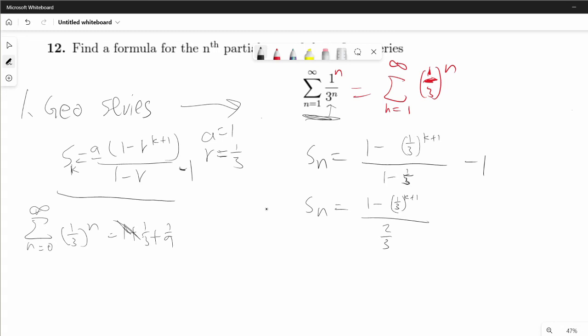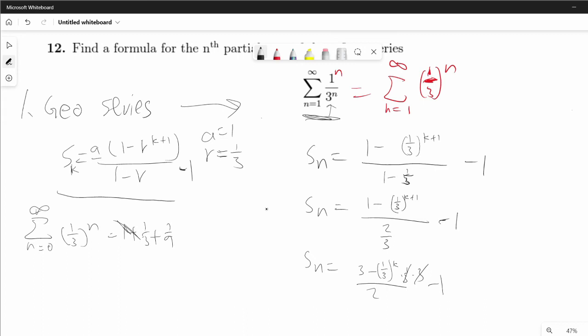Over 2/3. And what I'm gonna do is multiply the top and bottom of this fraction by 3 to simplify it a little. So I have 2 in the bottom, 3 minus, so 1/3 times, take one of the 1/3 out, and it would be 1/3 to the k times 1/3 times 3. So these two will cancel out.